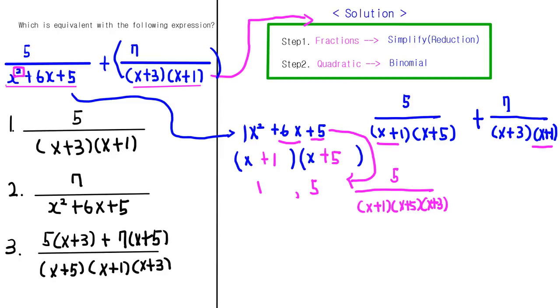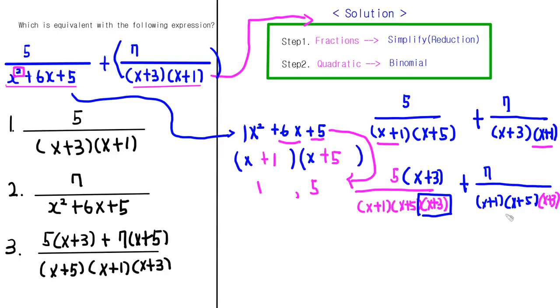But since we multiplied x plus 3 in the denominator, we also need to multiply x plus 3 in the numerator to keep an equal fraction. Plus 7 over, same thing, x plus 1 times x plus 5 times x plus 3.